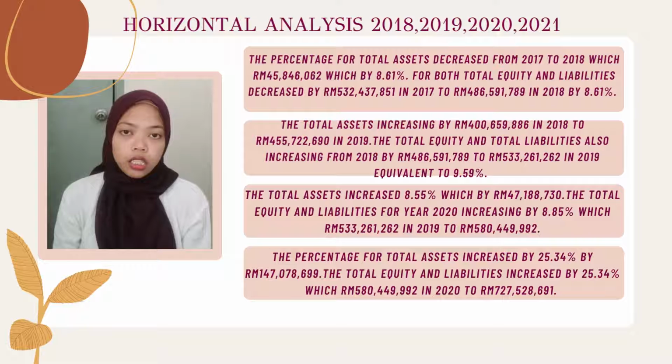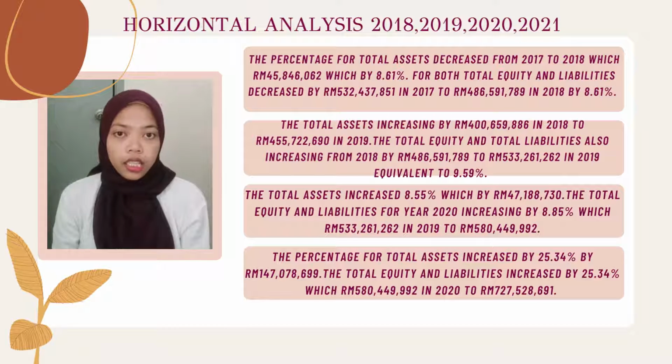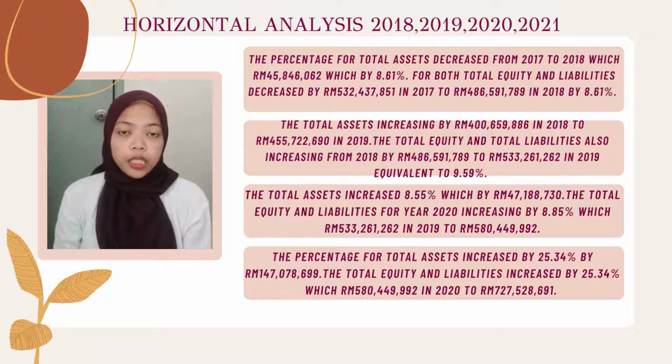Would like to discuss horizontal analysis and vertical analysis of the financial statement of Ajinomoto. The percentage for total assets decreased from 2017 to 2018 by 8.61%. Both total equity and liabilities decreased from 2017 to 2018 by 8.61%.